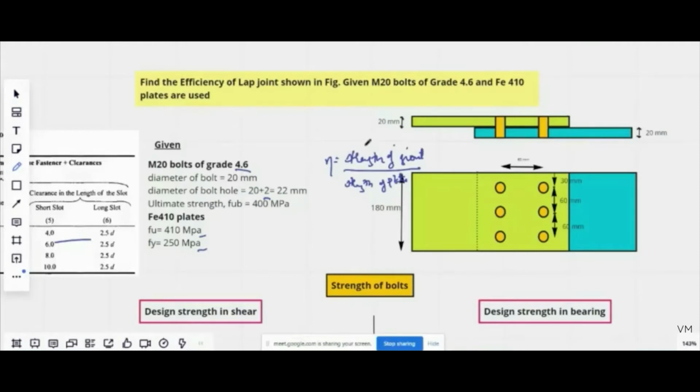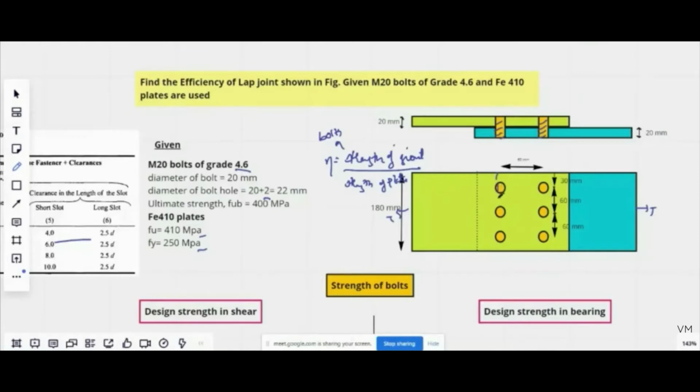There are two different ways in which my joint may fail. The first one is with respect to bolts. The second one, my plate may also fail because of the tensile force acting axially over my steel section, which we always call rupture.